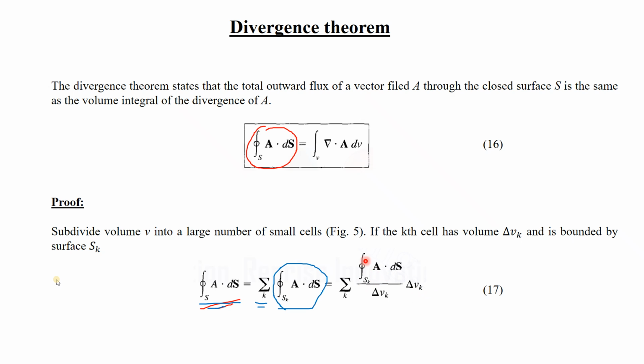Since we have taken one piece at a time, we will integrate over each piece and then do the summation. The first piece is the kth cell, so we are integrating with respect to the kth cell and taking the volume of that kth cell. Then we are dividing in the numerator and denominator. Now, this part we have seen somewhere, it is nothing but the divergence.